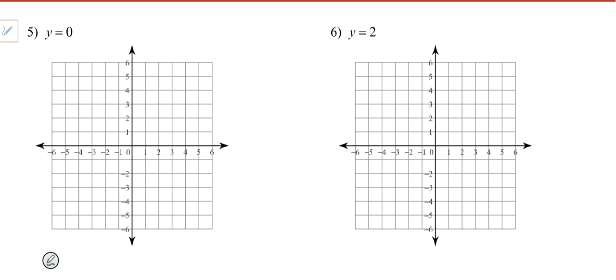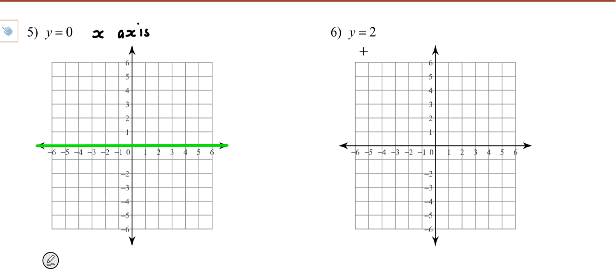Well, the y equals 0 line is actually the x-axis. So that's why people think, oh, if it's horizontal, it's x equals, because it's the x-axis. But actually, the coordinates on the x-axis are always y equals 0. The x can be anything.